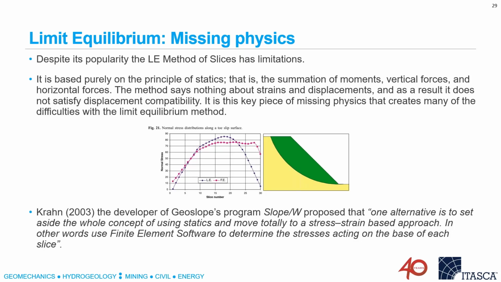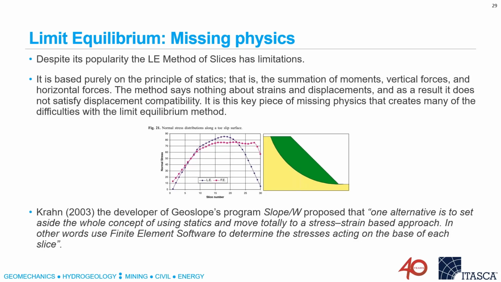But of course, there's nothing in here about deformations, about strains or displacements. And so it does not necessarily satisfy displacement compatibility. And it's this piece of missing physics that causes some of the difficulties in the limit equilibrium method.